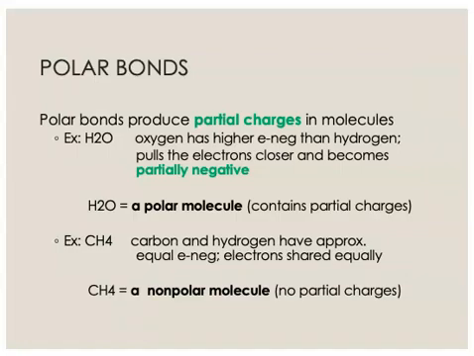On this slide, I've just written out in words what we just looked at in the diagrams. Polar covalent bonds produce partial charges. For example, in a water molecule, oxygen has the higher electronegativity compared to hydrogen, so the oxygen atom is going to pull the electron pair closer to it and farther away from the hydrogen.